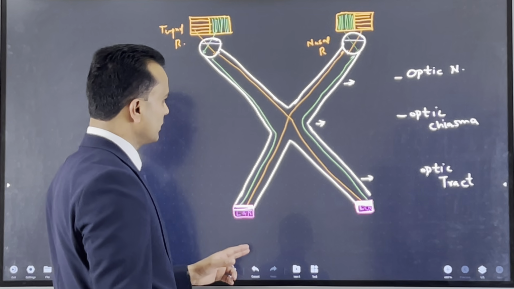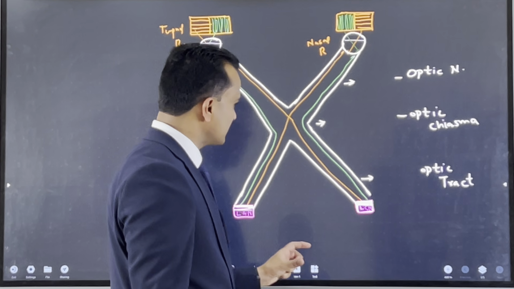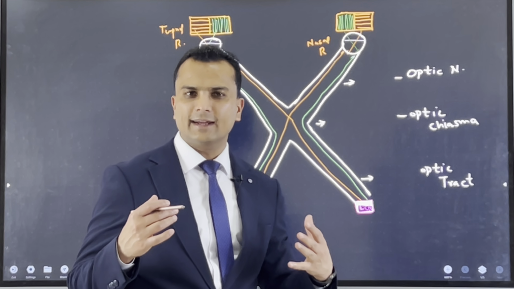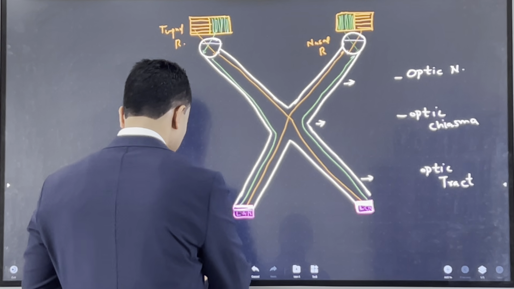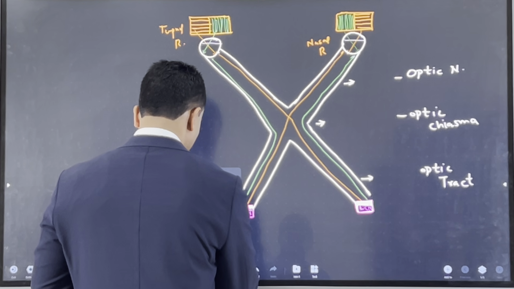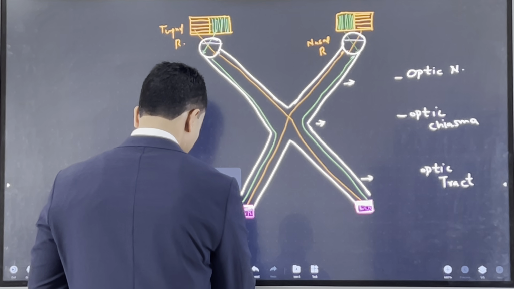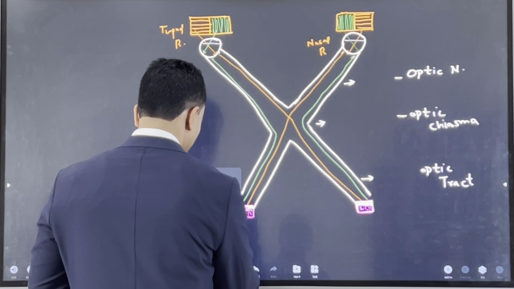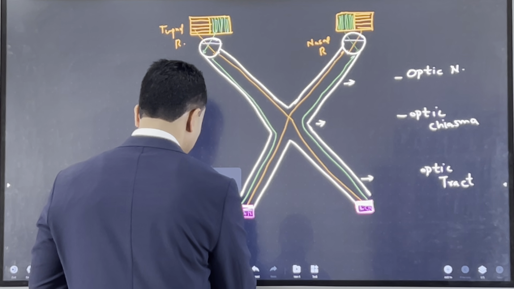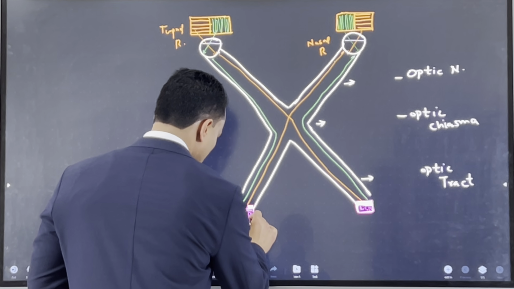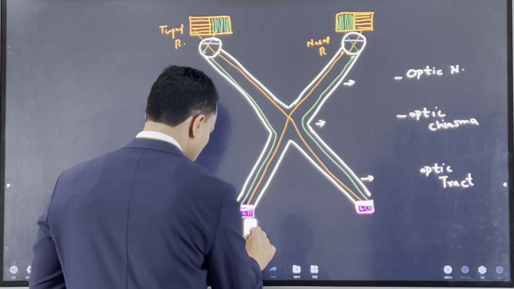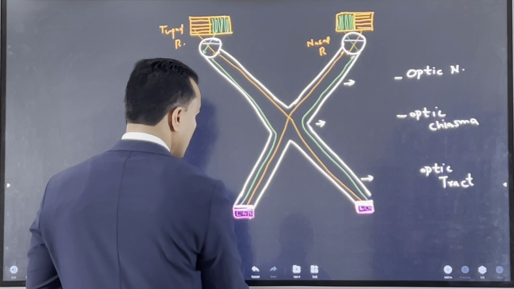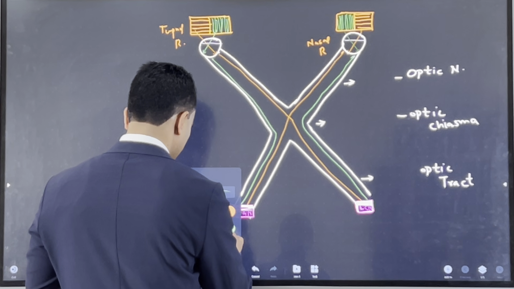This lateral geniculate nucleus is receiving the ascending light fibers through the optic tract, and then after synapsing with the lateral geniculate nucleus, these fibers enter the occipital lobe as optic radiation.